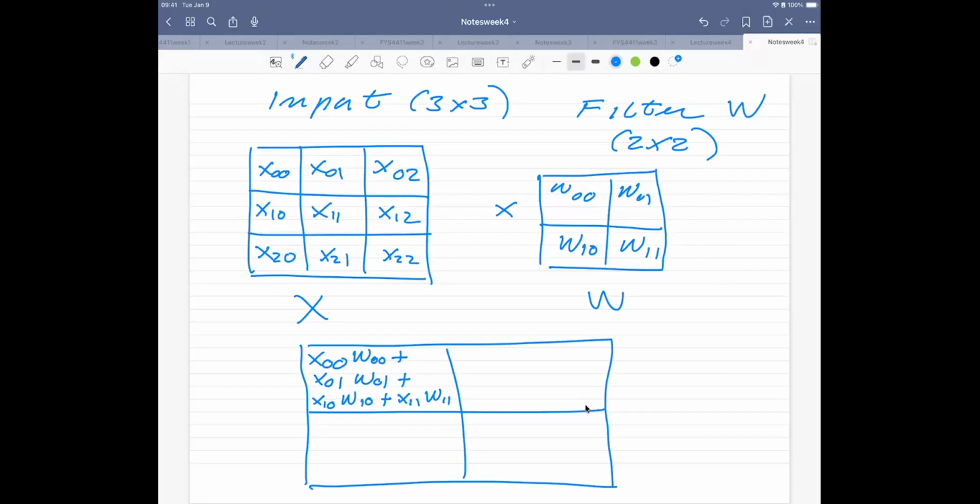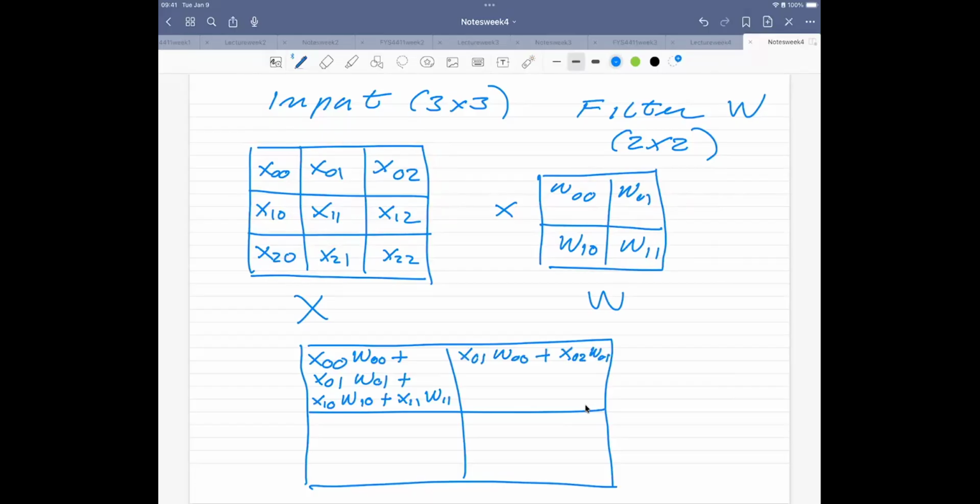We are now taking care of some of the values, as you can see. And here we started with this block, and that is multiplied with the dimension of the filter. So we have a 2 by 2 block from the data. Now what we do next is that we now move to this block. So that block of the matrix. And then we perform the same operations on the filter. So that means that what we get then is a new value here where we have x01 multiplied with w00 plus x02 multiplied with w01.